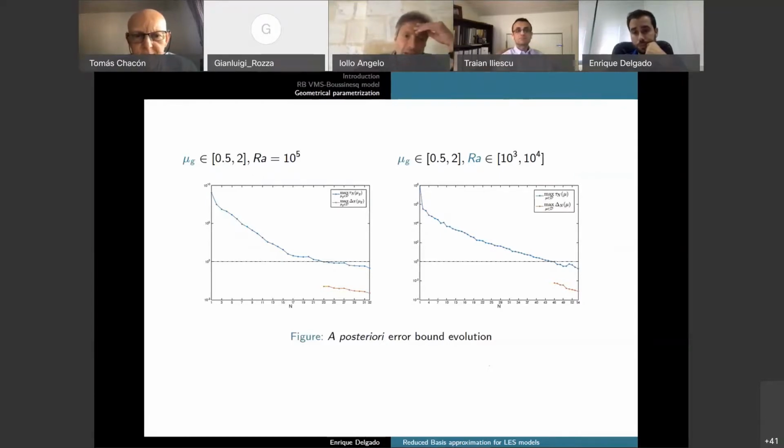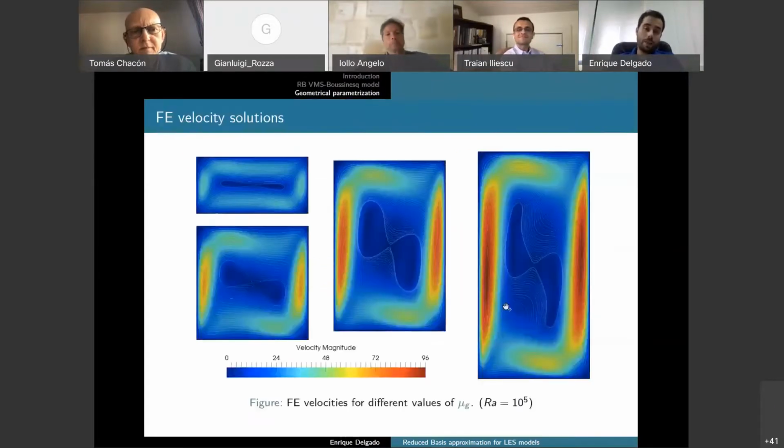And how does it depend on the sampling that you use? On the sampling. So in the sense, is it sensitive to the sampling? Well, yeah, as you can see here, the solution is quite different.